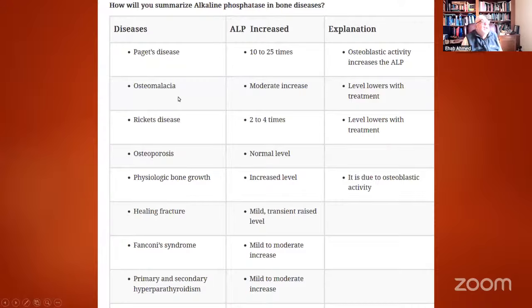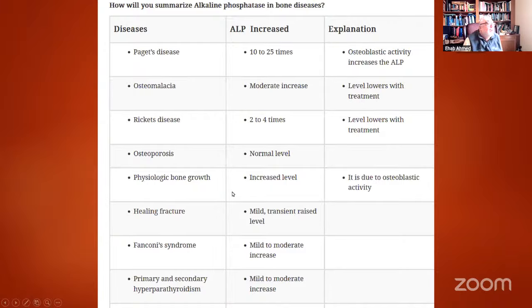In osteomalacia, this is in adults. In rickets, I think I mentioned the alkaline phosphatase will be low in rickets. Did I say that? If I said that, I was wrong. It is high.